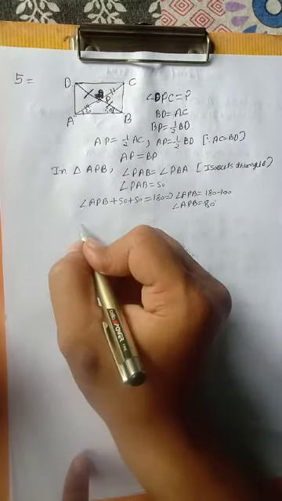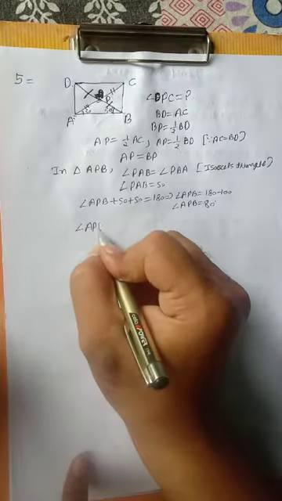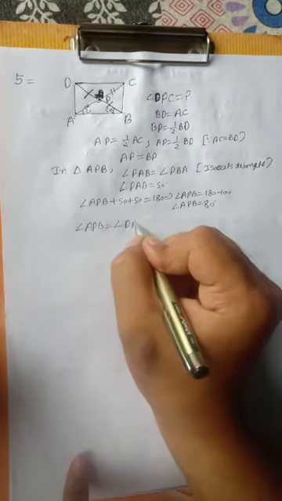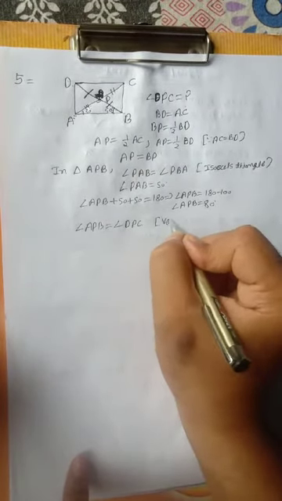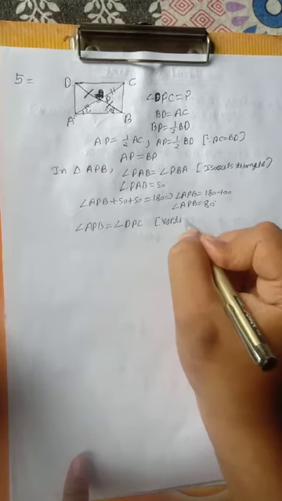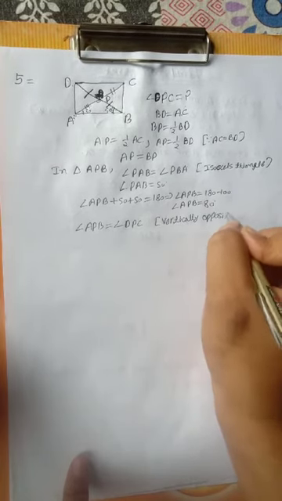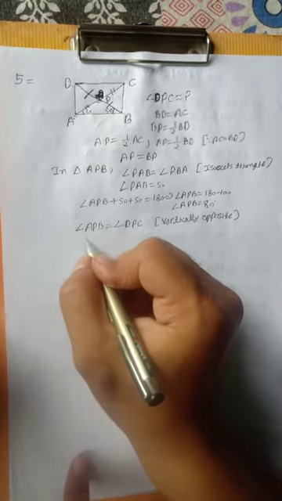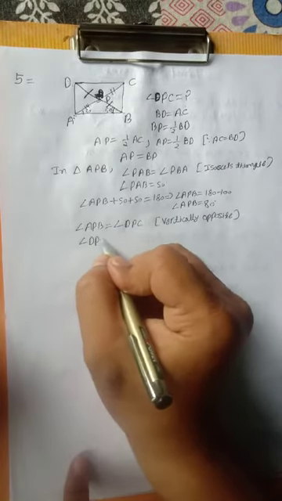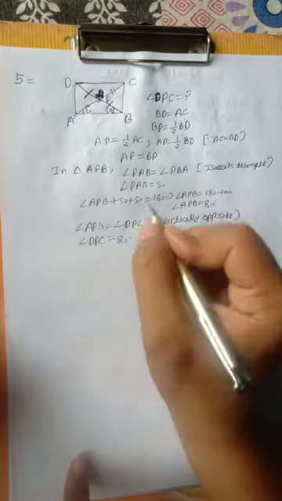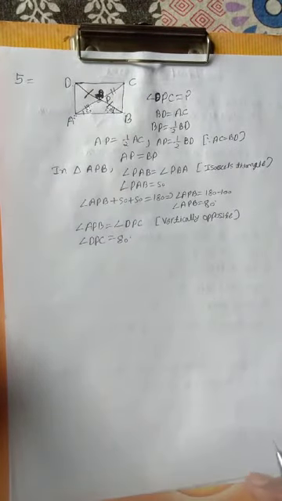We know that angle APB equals angle DPC, vertically opposite angles. Then angle DPC equals angle APB equals 80 degrees. So this angle is 80 degrees.